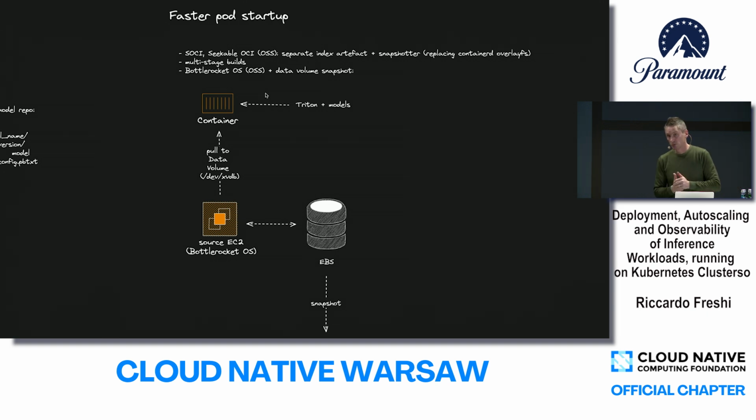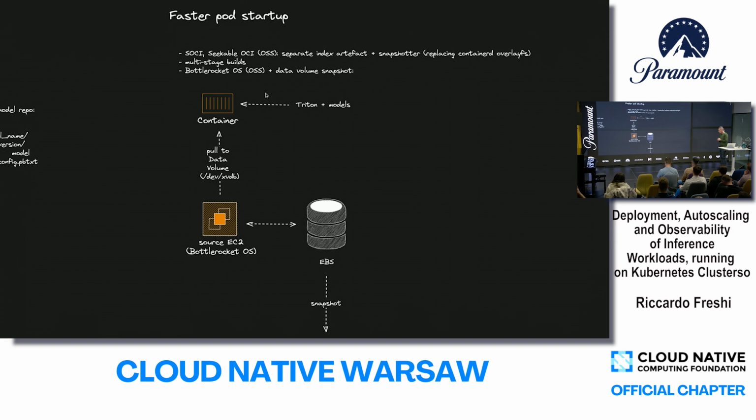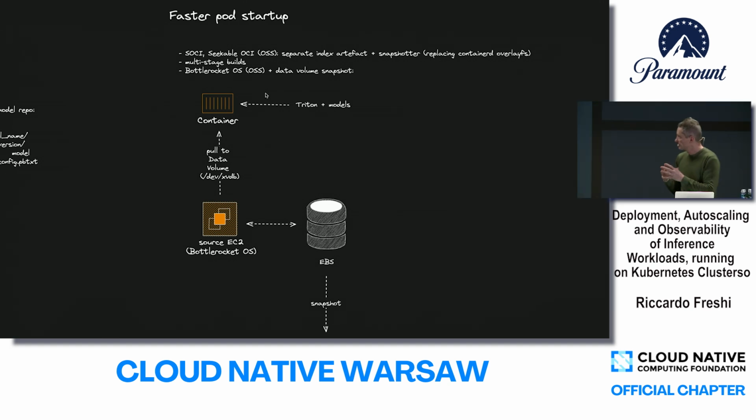This is another open source project, which is an operating system that provides a Linux distribution which is minimal, so it reduces the footprint and the attack surface. And it is also designed so that it has, for example, two volumes, an OS volume and a data volume.